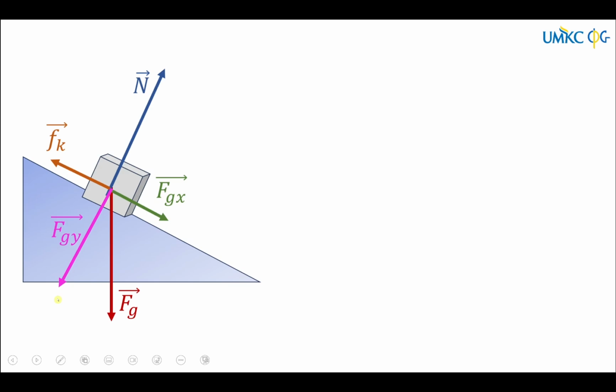Right, so now I can do a block on an inclined plane, and I'm going to assume that this is moving. So I need to create my summation of forces in the x direction and in the y direction. My summation of forces in the y direction is mass times acceleration in the y direction. I have a normal force, and I have this force of gravity in the y direction.